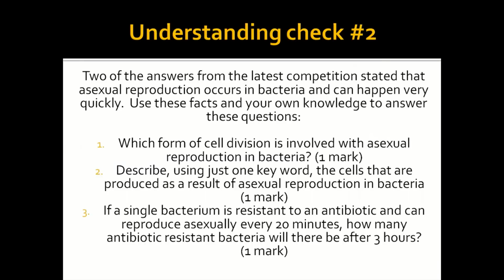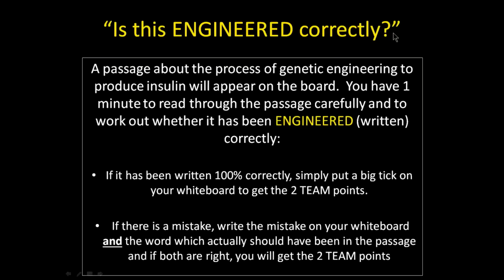Two of the answers from the last competition stated that asexual reproduction occurs in bacteria and can happen very quickly. Use these facts and answer the following questions. Is this engineered correctly? A passage about the process of genetic engineering to produce insulin will appear on your screen.